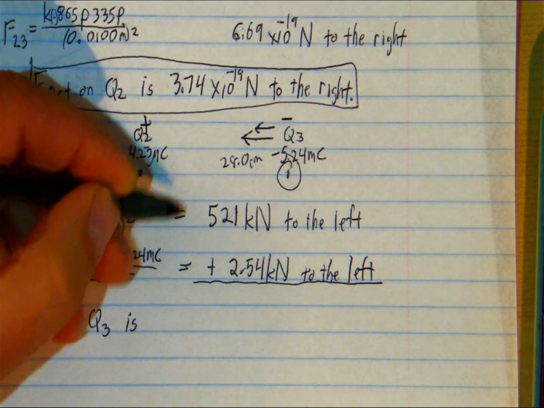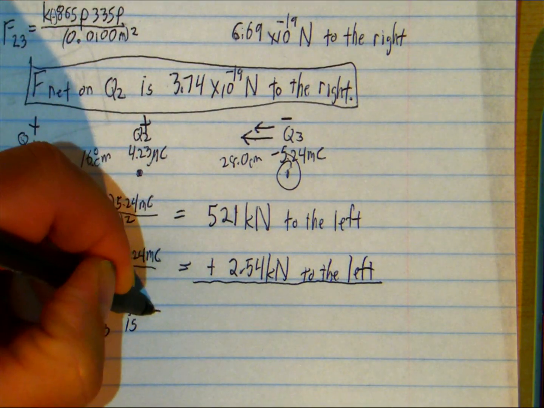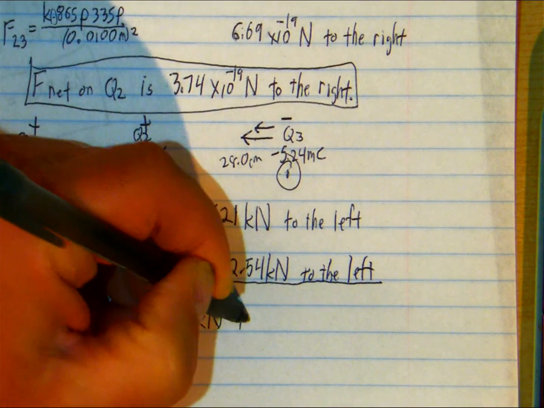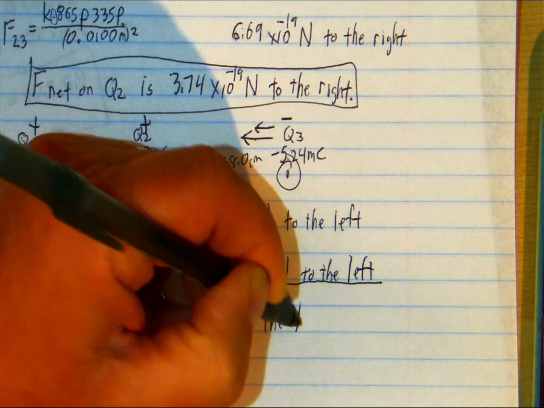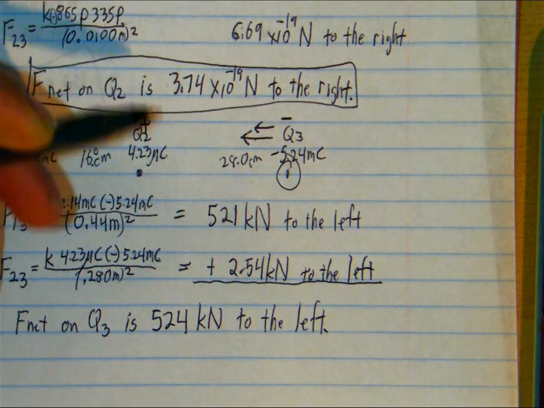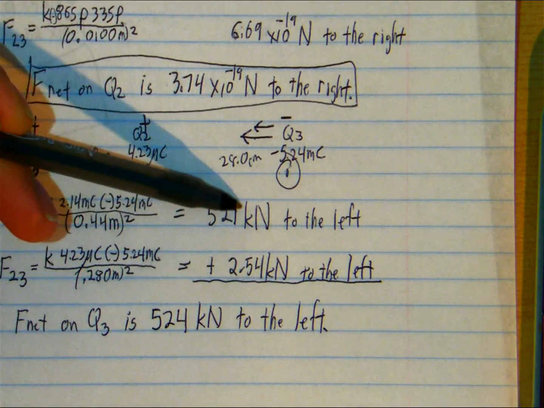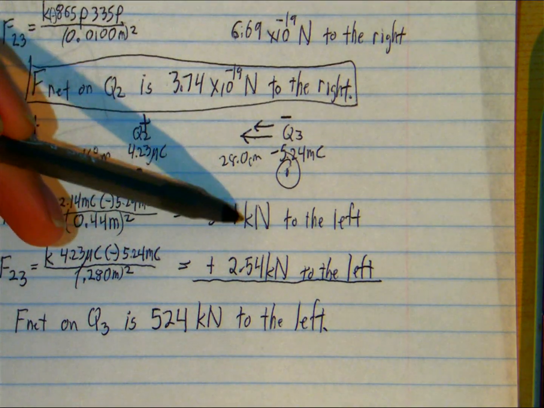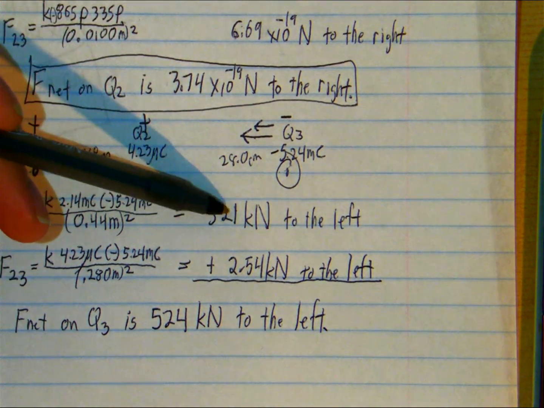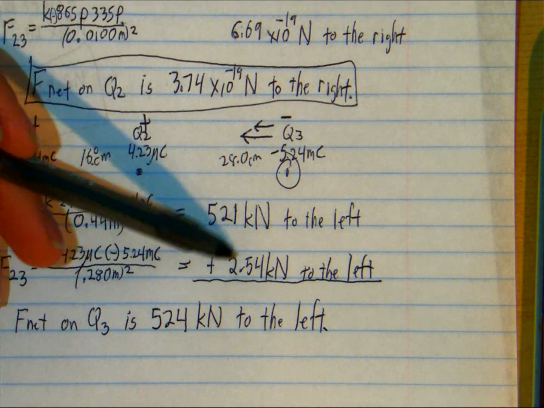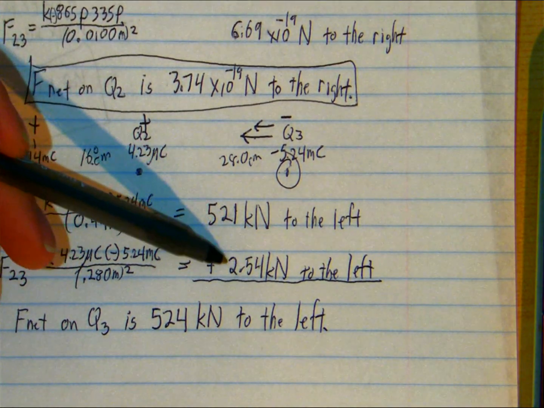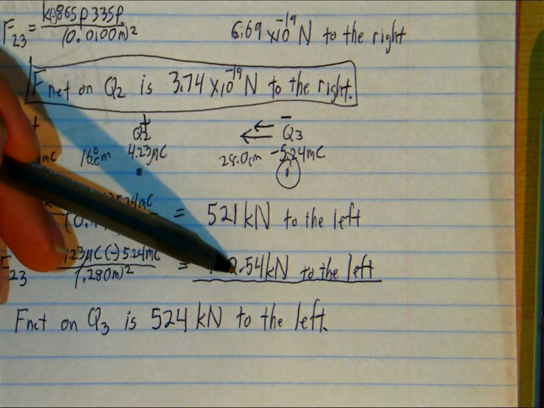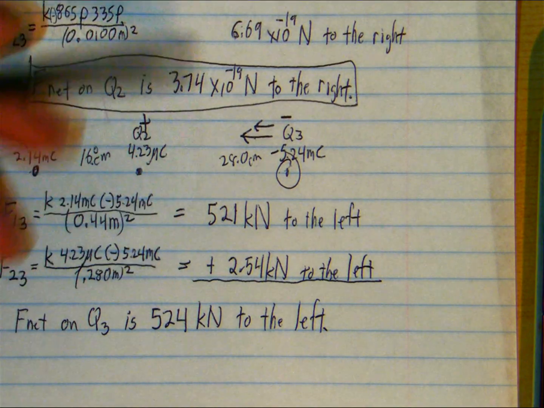So this rounds off to 3 sig figs as 524 kilonewtons to the left. The 4 isn't significant because we don't know if that's a 0.004 out here. In fact, it probably is not. The 5 is not significant, so I'm rounding this up to the nearest whole kilonewton. This is 3. 1 plus 3 is 4.